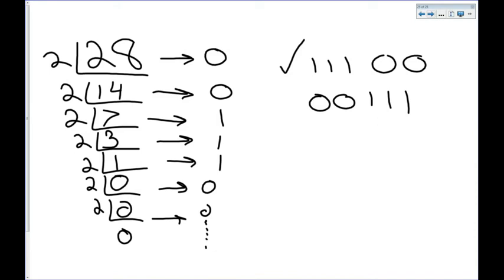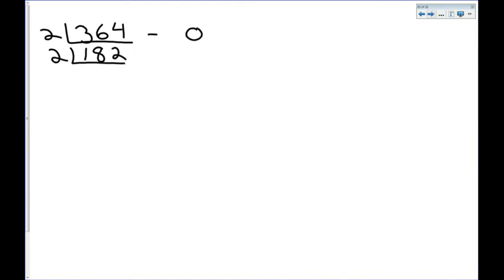Let's try one. Give me a 3-digit number. 364. Let's figure out what it is in binary. Divided by 2. Now you guys can do some mental math. I'm not doing it for you. What's 364 divided by 2? 182. What's the remainder? What's 182 divided by 2?